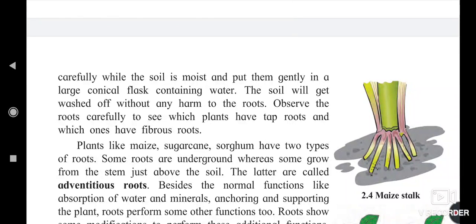Plants like maize, sugarcane, sorghum have two types of roots. Some roots are underground, whereas some grow from the stem just above the soil. The latter are called adventitious roots.